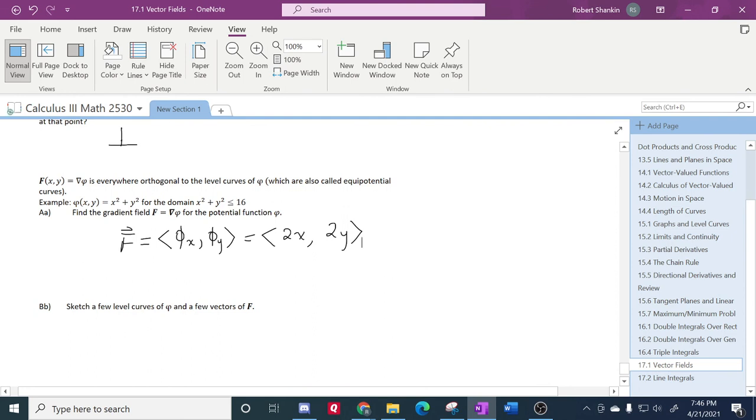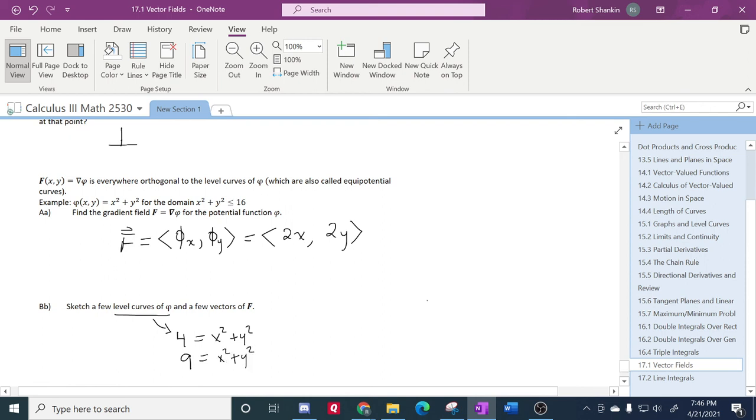I know I'm going over time, but I'm almost done here. This is the last problem. A few level curves of phi. So level curves of phi would be like 4 equals x squared plus y squared, 9 equals x squared plus y squared.